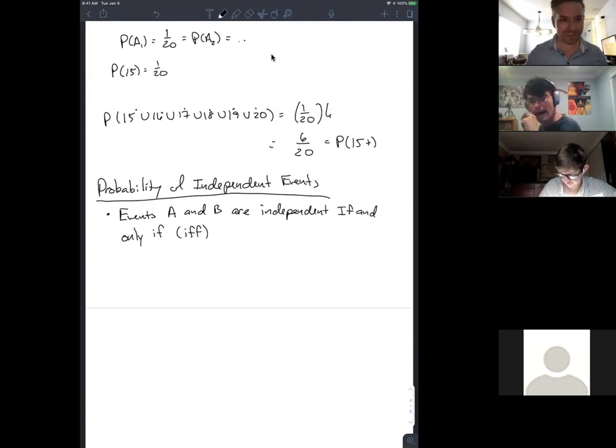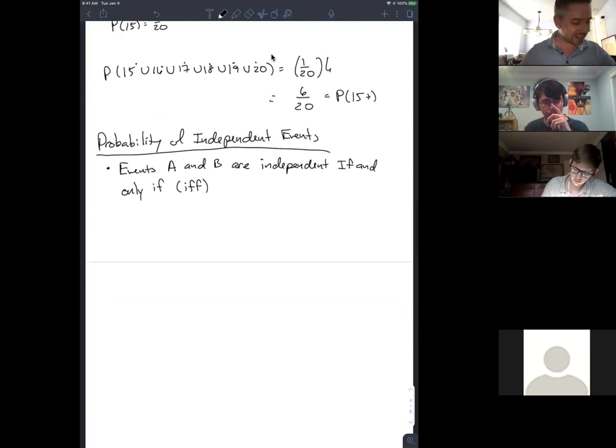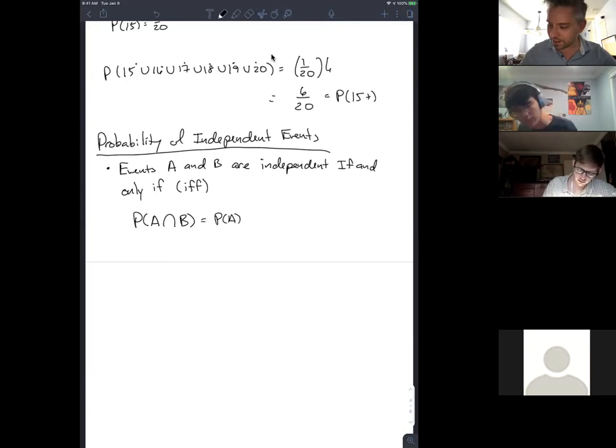If I ever write iff with two F's, that means if and only if. So events A and B are independent if and only if the probability of A and B is equal to P of A times P of B.